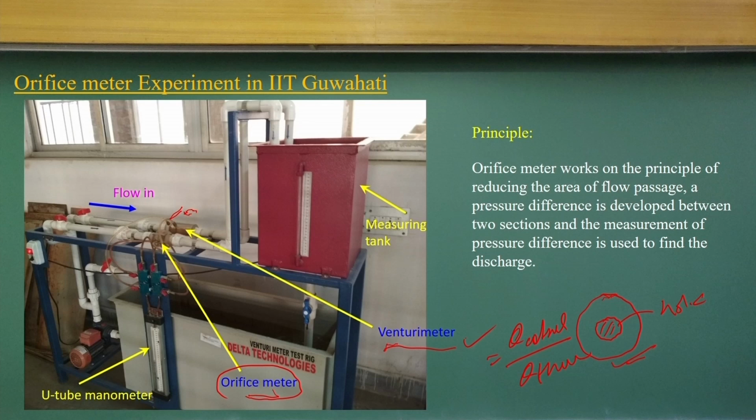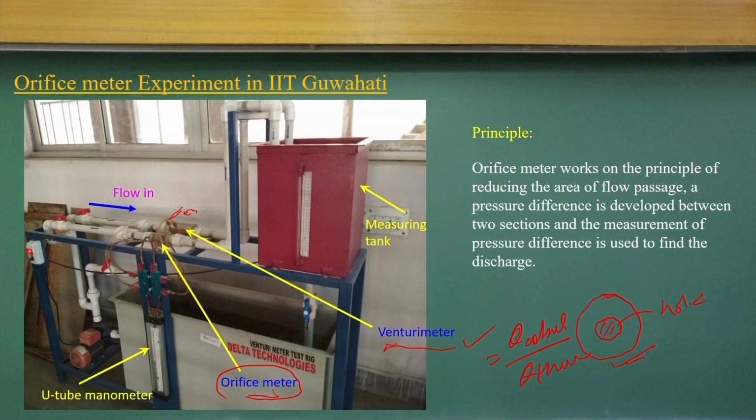If you look at the device where we have a setup of Venturi meters and orifice meters, basically in a Venturi meter we have converging and diverging zones, and in an orifice we do not have converging and diverging zones, but we just incorporate a plate with an internal hole. Because of that, it also creates converging and diverging zones, and so we can have energy losses.